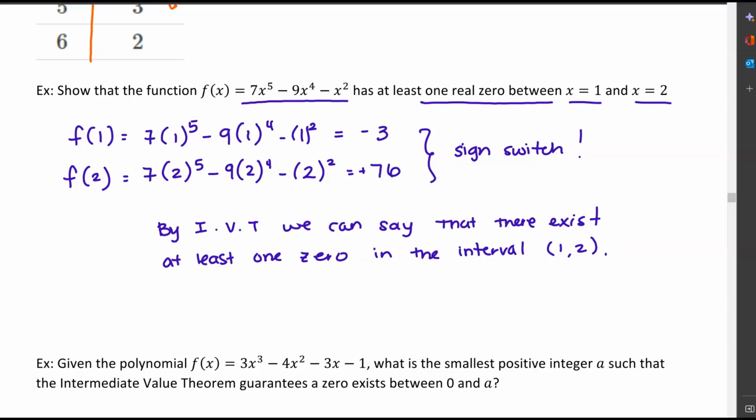Or you could say between x equals 1 and x equals 2, but that's saying the same thing as this interval.